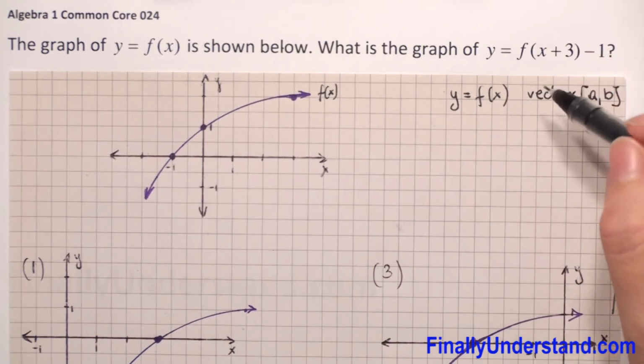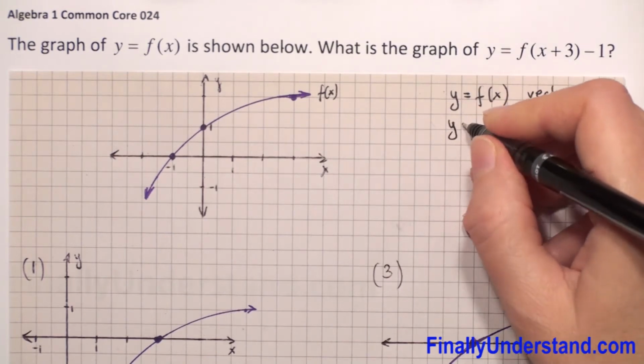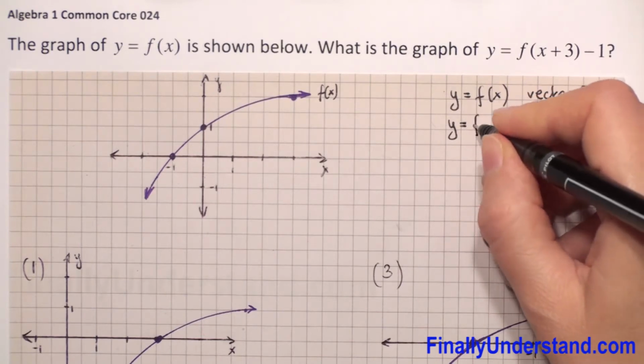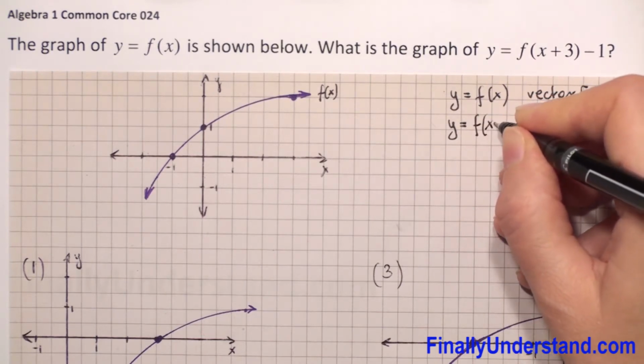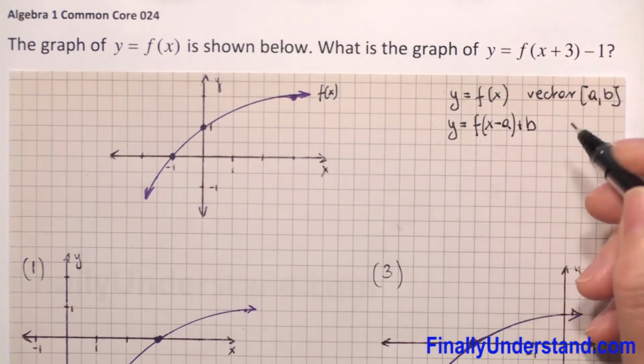And when we move a function by a vector, then after translation, our function has the form f of x minus a, plus b.